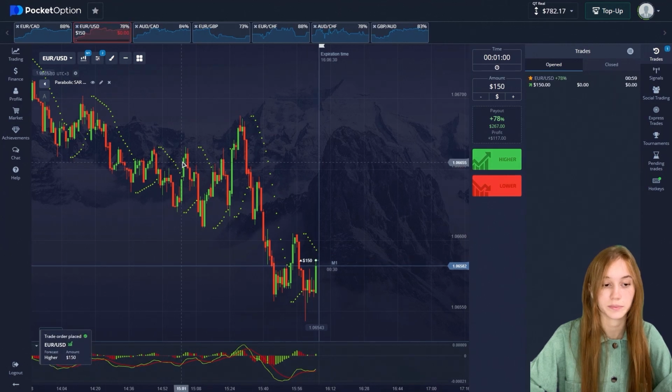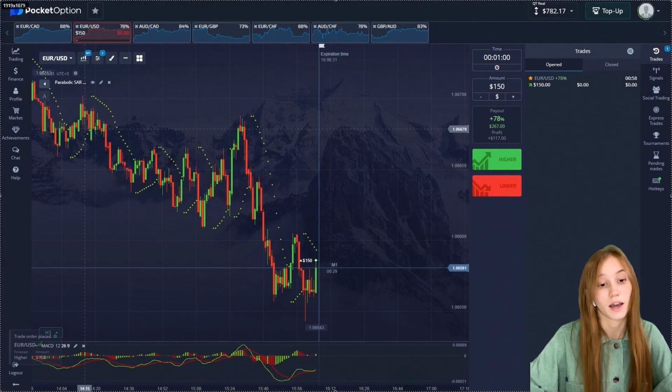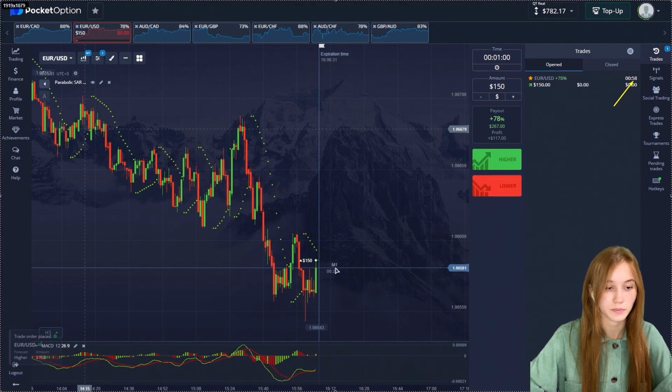Let's open up. Start our chart is going down. Don't be afraid of this. I think the chart will go up. So let's see for our candles. By parabolic we see decreasing trend.